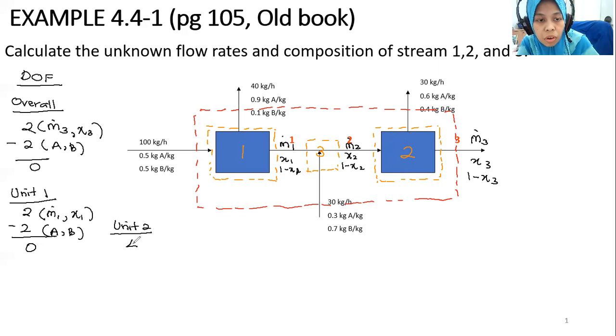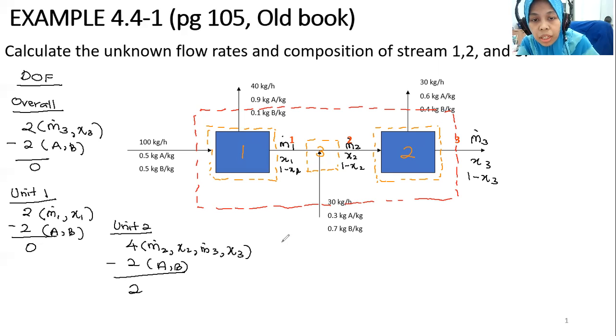So we have four unknowns, which are M2, X2, M3 and X3. We have two substances, A and B, similar to the others, and we don't have any additional information, so our degree of freedom is equal to 2.